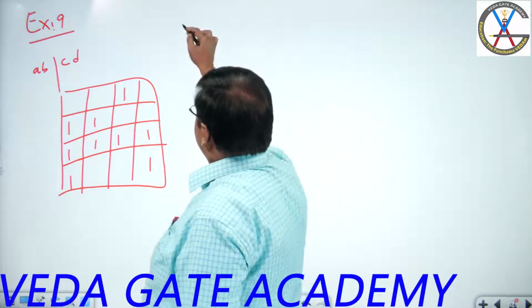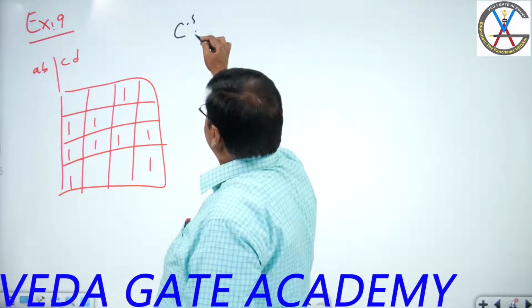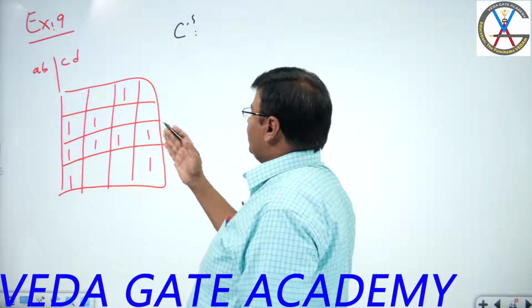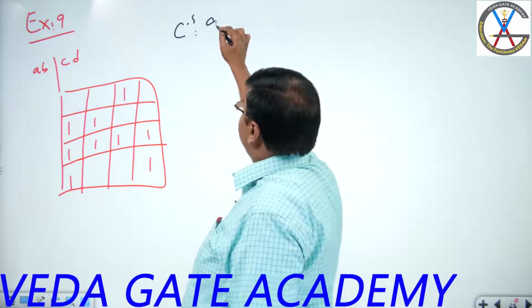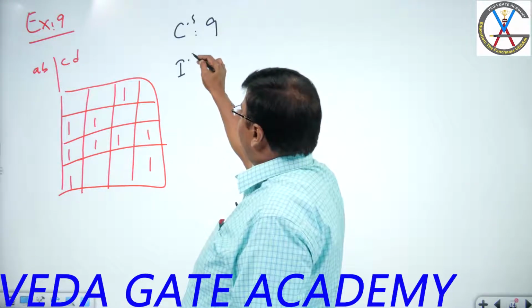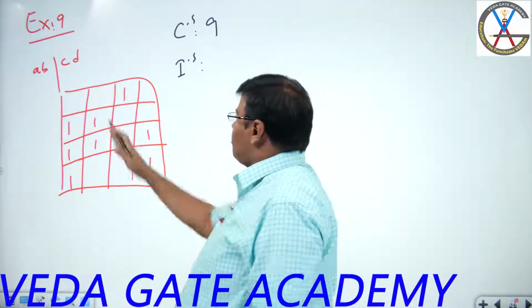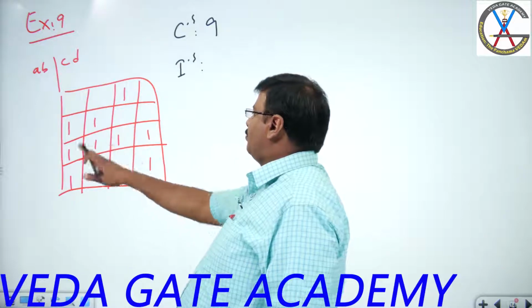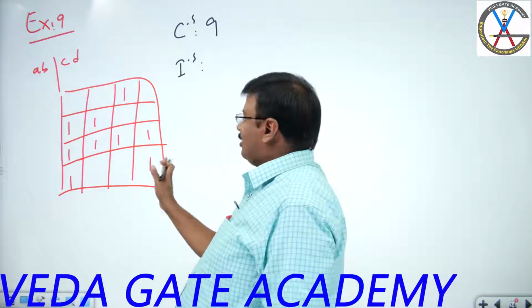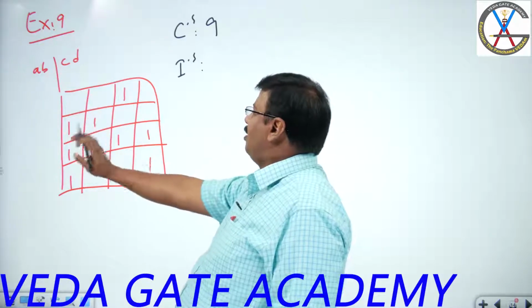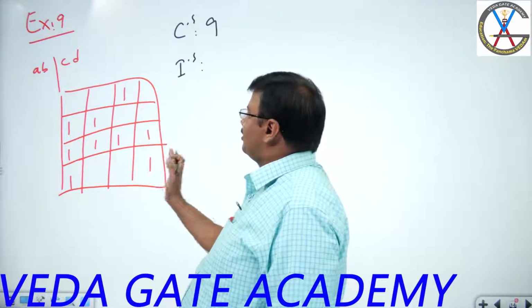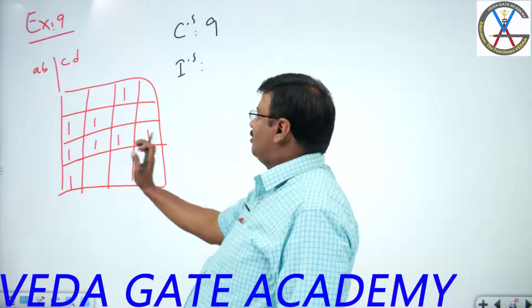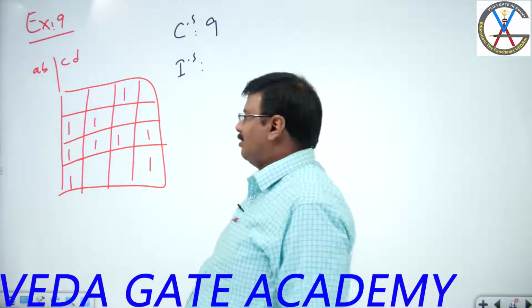How many are the coverages? 1, 2, 3, 4, 5, 6, 7, 8, 9. How many are the implicants? No pairs here. 1, 2, 3, 4, 5 and 6. Here 7, 8, 9, 10. Are we correct?